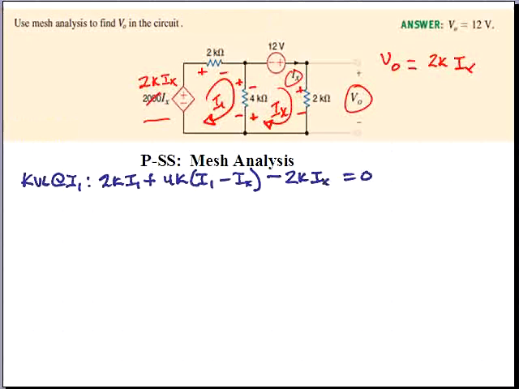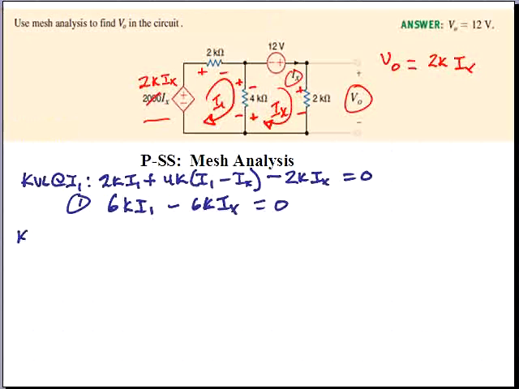That all sums to 0. We can rearrange that and obtain 6K I1 minus 6K IX is equal to 0. And we'll call that our mesh current equation 1.